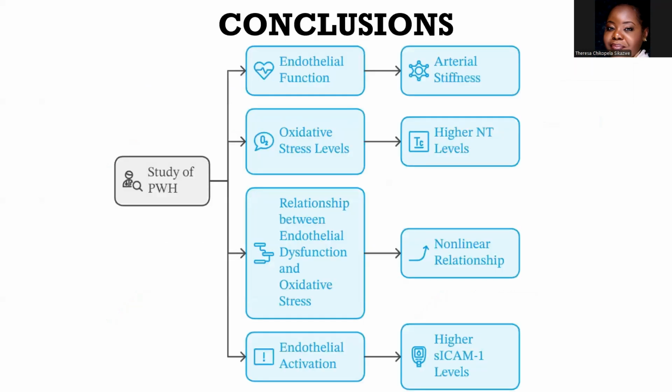From these, we concluded the following: that endothelial dysfunction in people with HIV is higher, as is oxidative stress. We observed that the relationship between endothelial dysfunction and oxidative stress is nonlinear, and also that endothelial activation is higher in people with HIV.